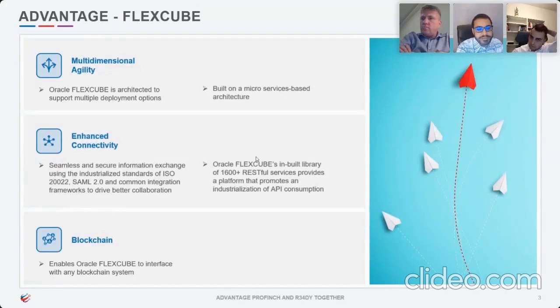The second part is connectivity. I just wanted to emphasize that Oracle Banking Platform now comes with 1600 plus RESTful APIs, which helps banks, especially in Europe, to be open banking compliant, right? You can use these APIs to have shared services with other banks. You can use them to monetize your services, right?